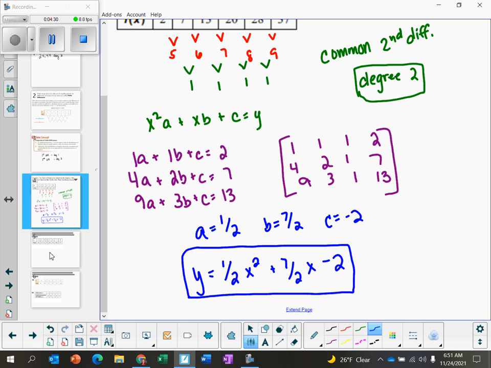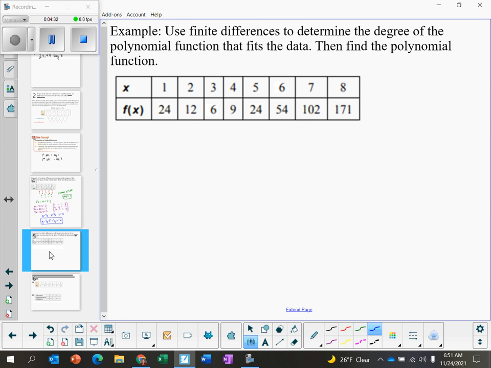All right, looking at my next problem, same directions: use finite differences to determine the degree of the polynomial that fits the data, then find it. So first differences, we had minus 12, minus 6, plus 3, plus 15, plus 30, plus 48, and then plus 69.